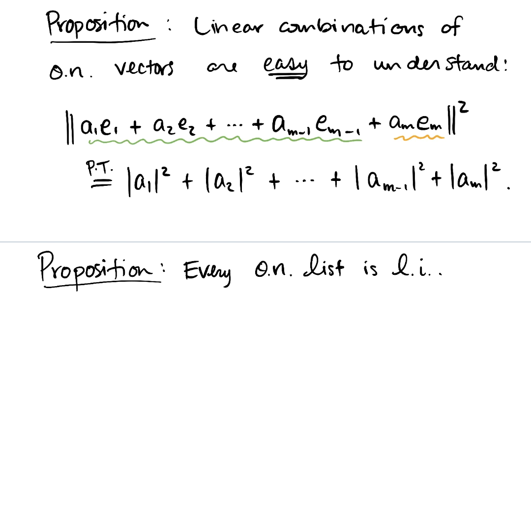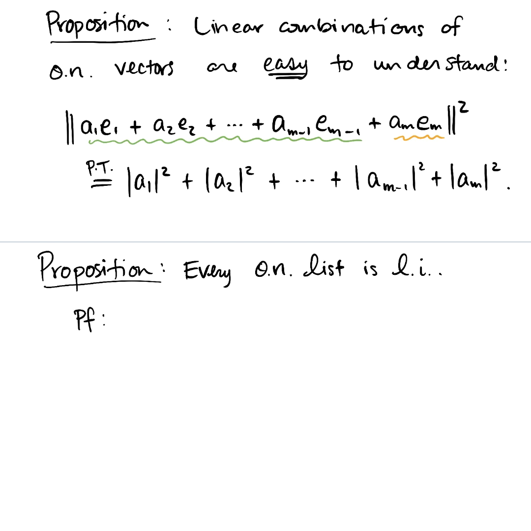Alternatively, linearly independent means no one of them is in the span of the others. This proposition says if your list is orthonormal, then it's LI, which is fantastic. LI lists are great. Okay, think about the proof of this. The proof of this is a direct corollary of the previous proposition.